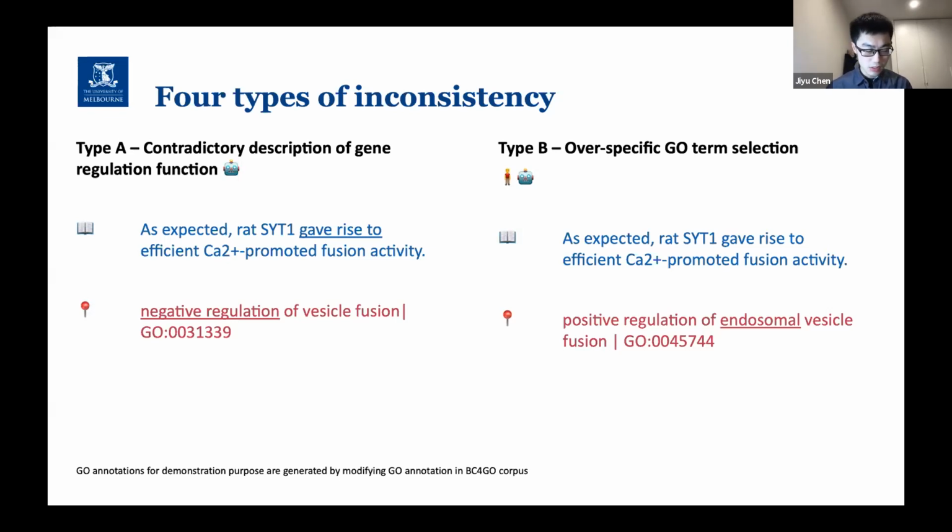The provided evidence in the cited publication does not support that the gene function is an endosomal vesicle fusion, while the selected GO term for the annotation has overrepresented this information. Thus, this is also considered an over-specific GO annotation.